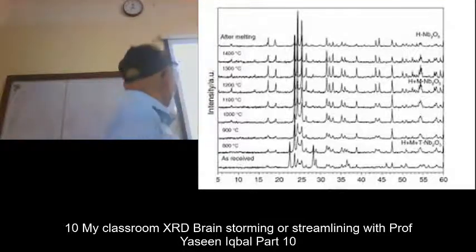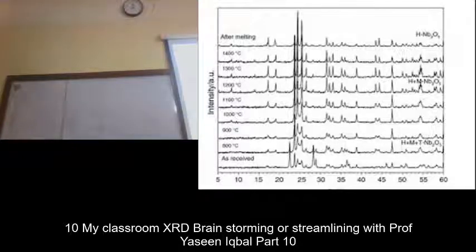If a peak was there and its intensity decreased, then you say with temperature this particular phase transformed into some other phase or dissolved into an amorphous material. But if you look here, its peak is not present here. This peak corresponds to a phase.